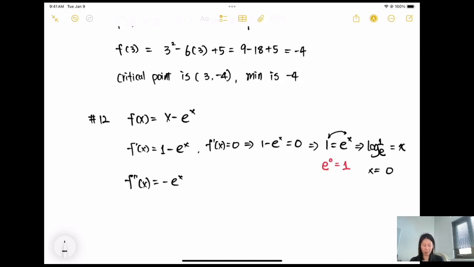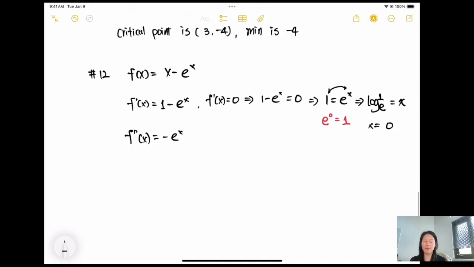All right, now we know that at x equals 0, we have the critical point. Now we need to test whether this is concave up or concave down by plugging into the second derivative. So we have negative e to the 0, which gives you negative 1. All right, so that means this is going to be concave down.